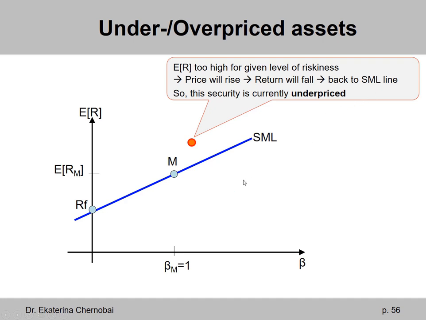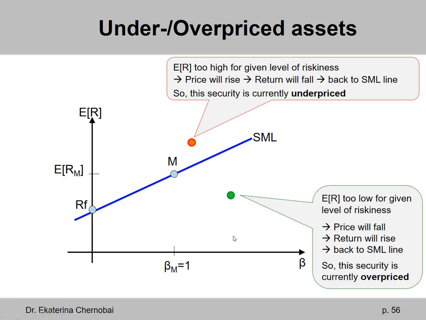And the opposite will happen if the information we are given indicates that a company's stock lies below the line. This is when everything is reversed. The investors are compensated inadequately for the amount of systematic risk, or fluctuations in returns that cannot be controlled by the investor.